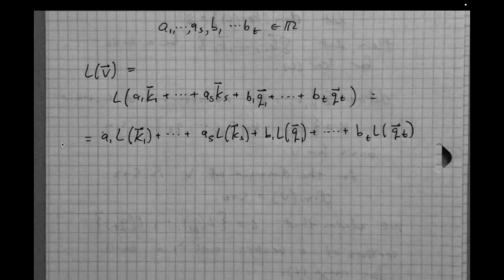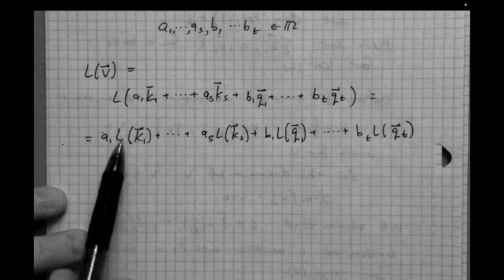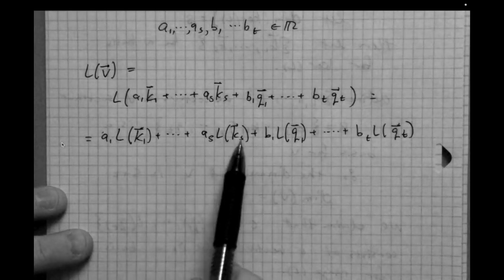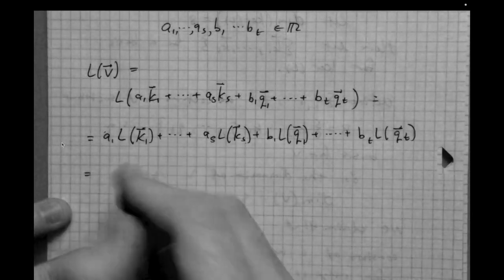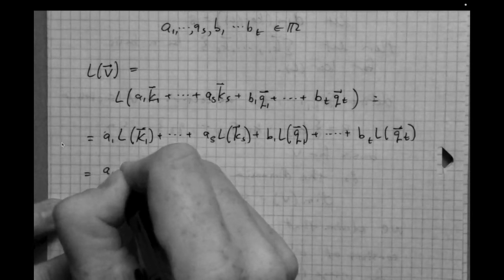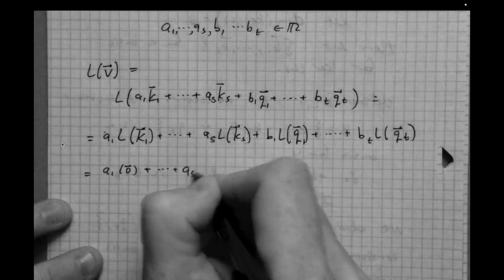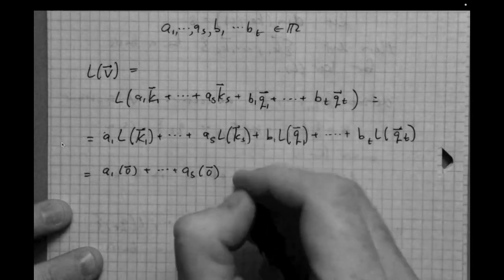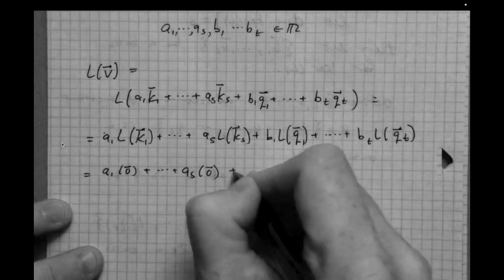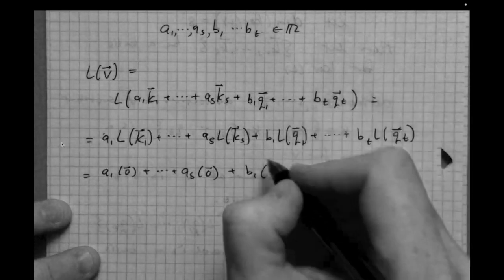This is just properties of a linear transformation. Now, what happens to L of K1? Remember, K1 through Ks are a basis for the kernel. So up front, this becomes A1 times the zero vector plus ... plus AS times the zero vector. These are all just the zero vector. Then I'm left with these guys. Well, I should leave the L on, sorry.